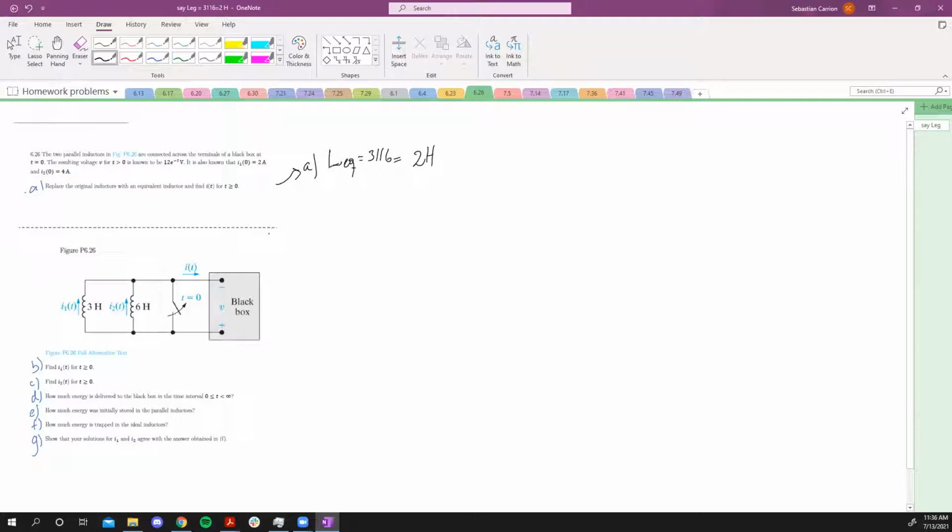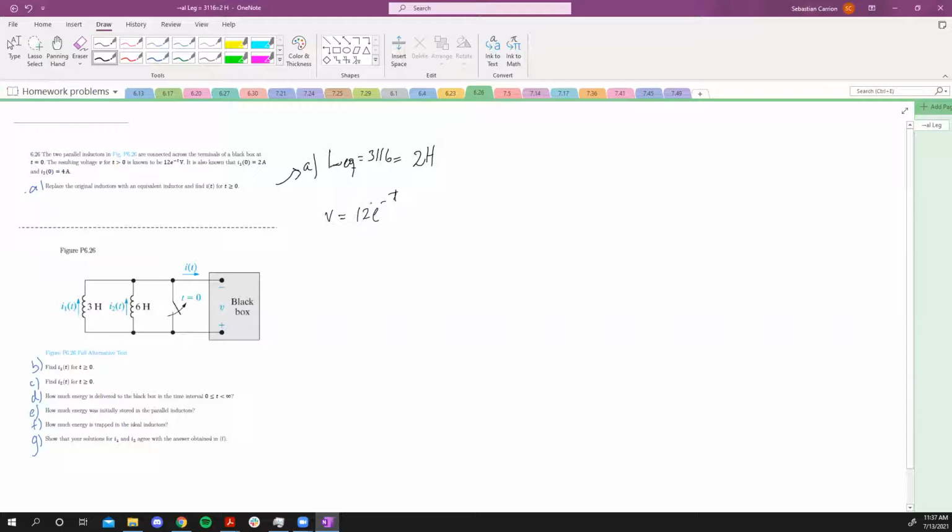Now it's asking us to find the current for time greater than or equal to 0. So we know that our V is going to be 12 e to the negative t. V would be the voltage across the black box, right?